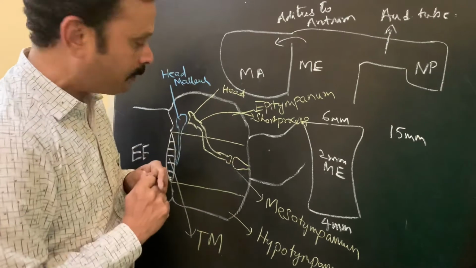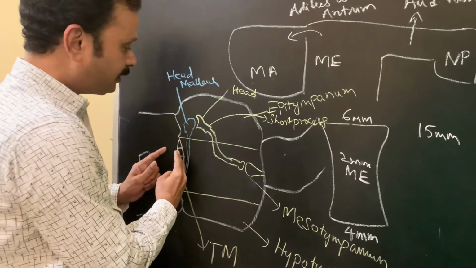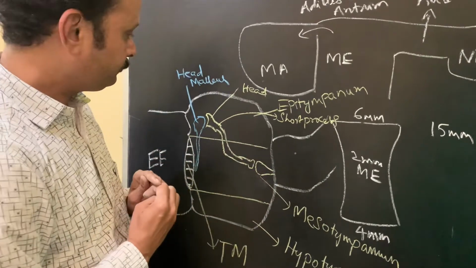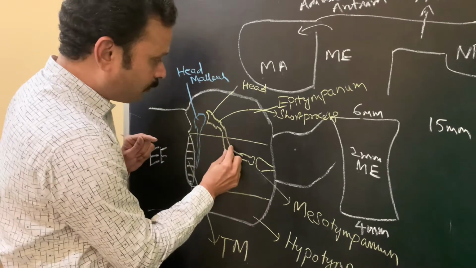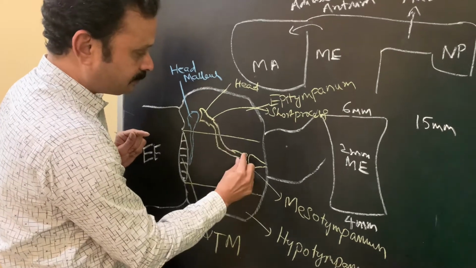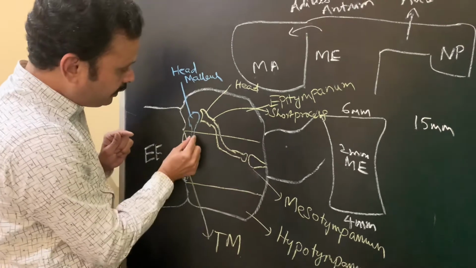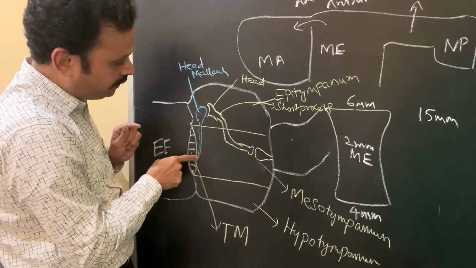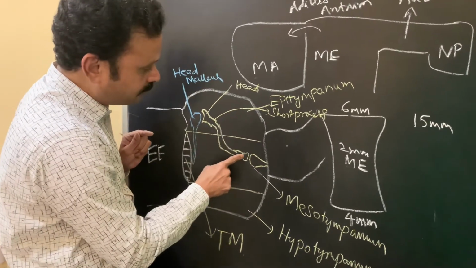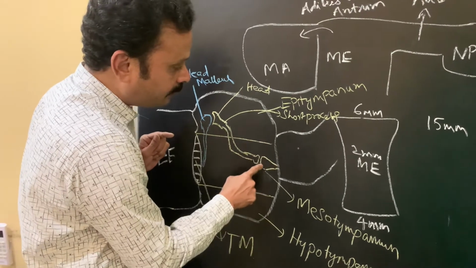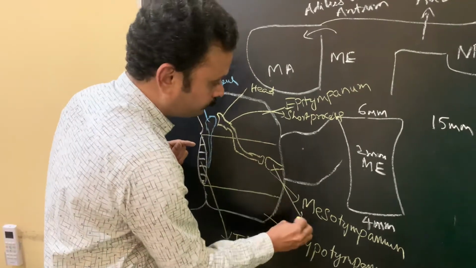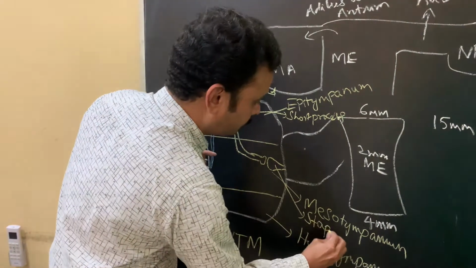Mesotympanum is the narrowest part which extends across the tympanic membrane and contains the long process of incus, handle of malleus. This one is the handle of the malleus, long process of incus and entire stapes. Is it clear?